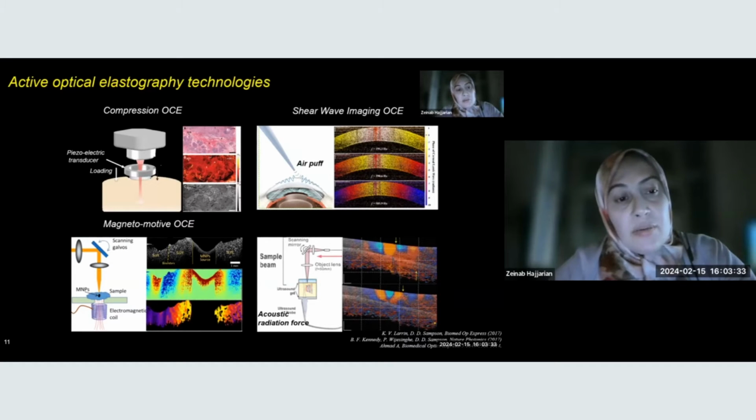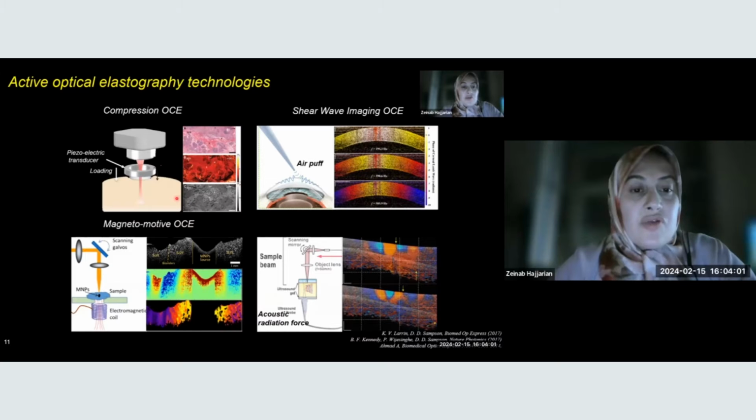The idea is to use a piezoelectric transducer to apply a static load to the tissue, and then use OCT and spatial correlation techniques to measure the displacement before and after applying the external load to extract the deformation, and then by making some assumptions about the applied stress, extract the stress to strain ratio.